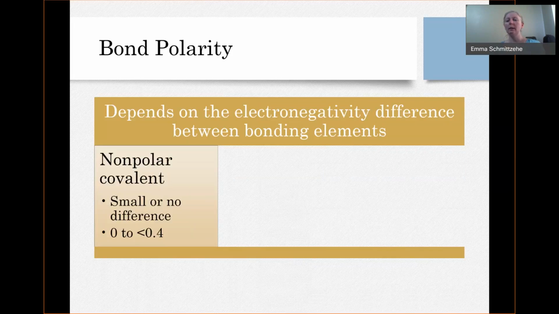Now, one that people would usually assume is going to form a nonpolar covalent bond is when you have carbon and hydrogen linked together, because their electronegativities are very close to one another. And we deal with a lot of compounds that involve carbon and hydrogen bonds. Those would be organic compounds, and those, if you just have carbon and hydrogen bonded, all of the bonds are nonpolar, and it's a nonpolar compound then.